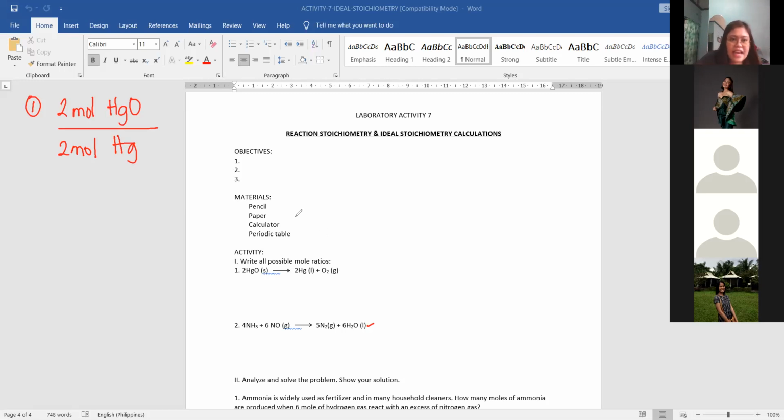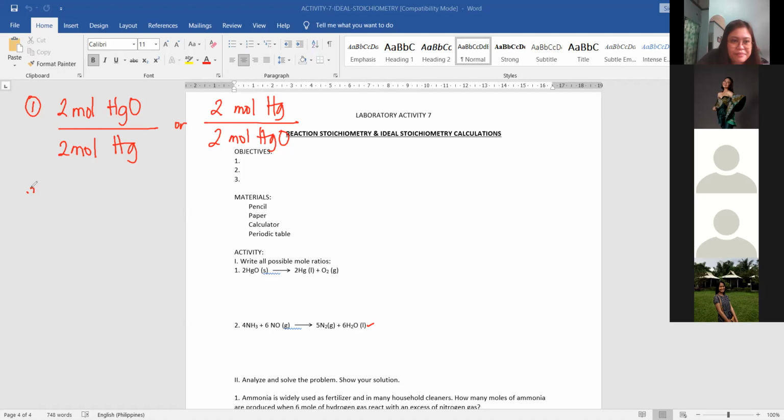So you can write this one as reverse niya. So 2 moles of mercury will be produced if you have 2 moles of mercuric oxide. So you can write these answers. So no, let's just have the first one.